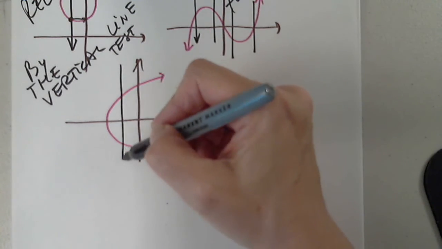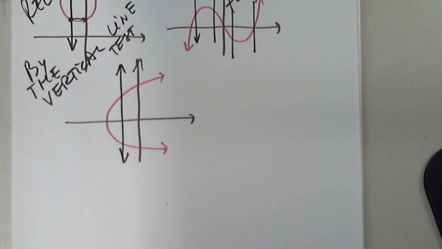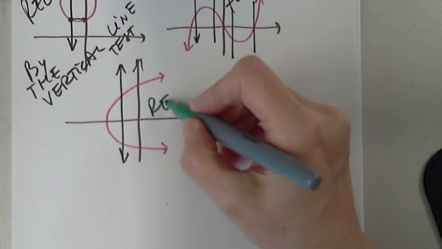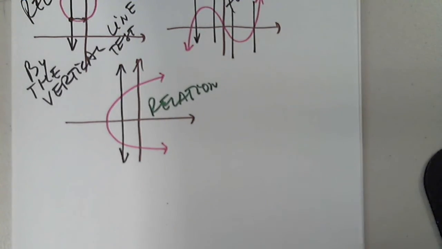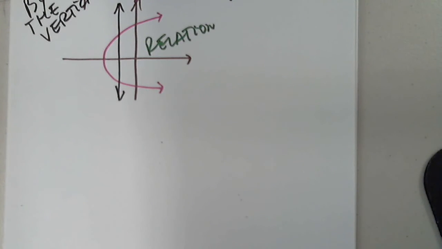Good. What about this one? Is the last graph a function? No. It's a relation. Very good. Okay, so then we know how to apply the vertical line test.